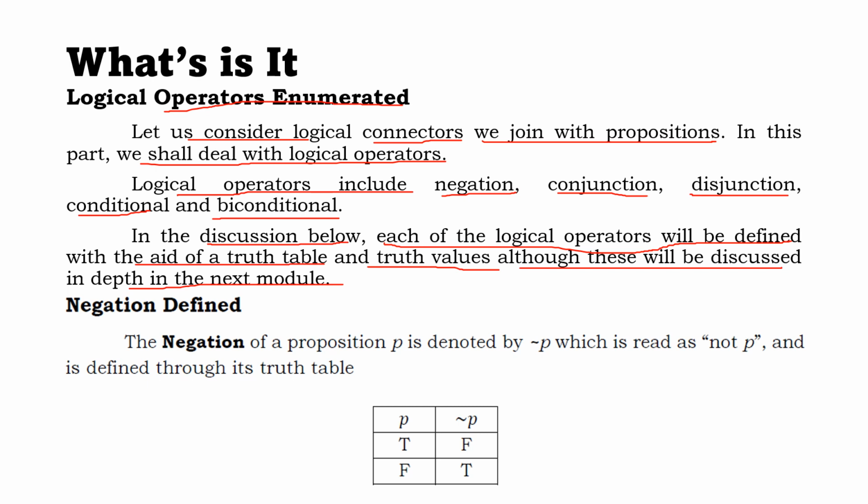Now, we define your negation here. The negation of a proposition P is denoted by this symbol, which is read as not P, and is defined through its truth table. As you can see, the truth value of your original proposition is true and false.